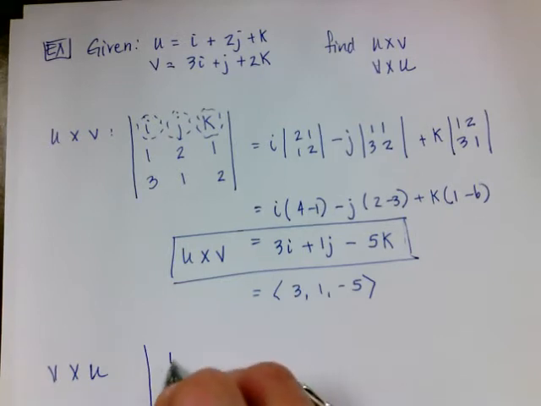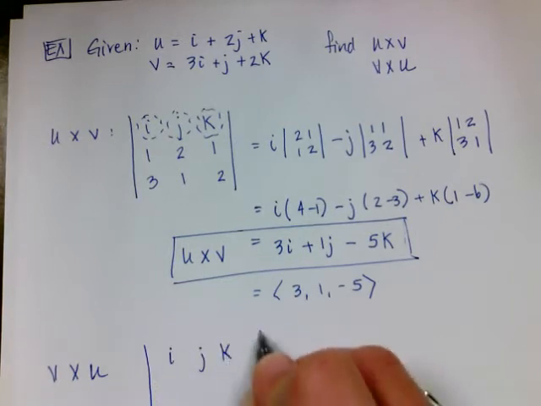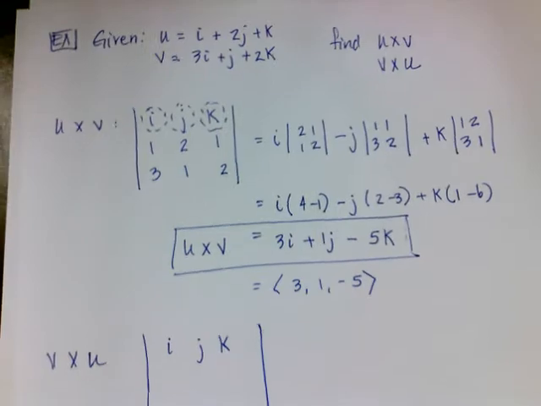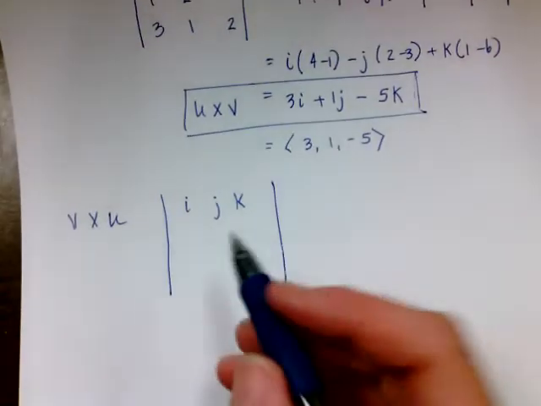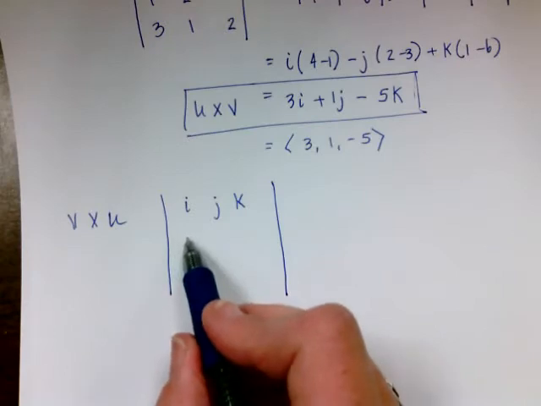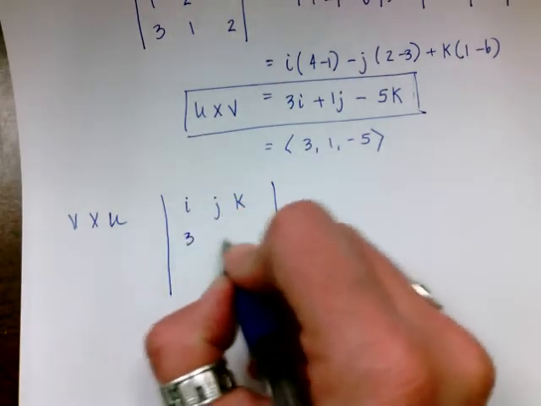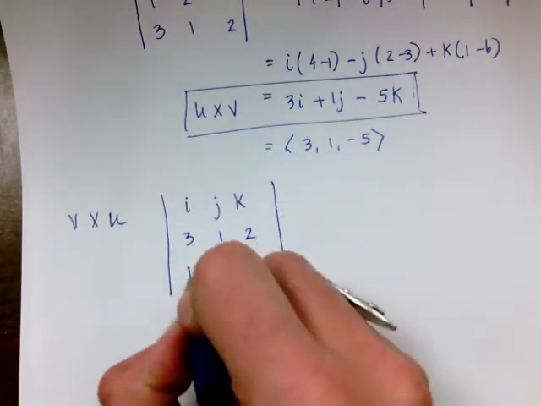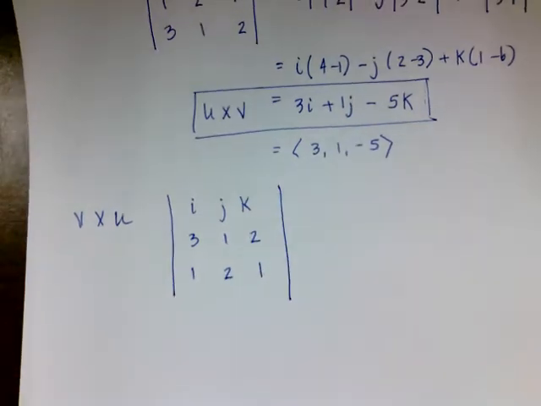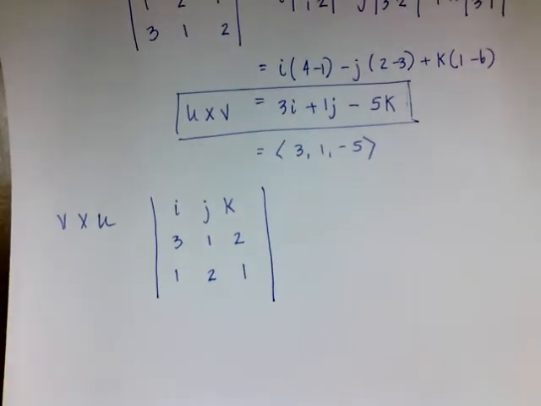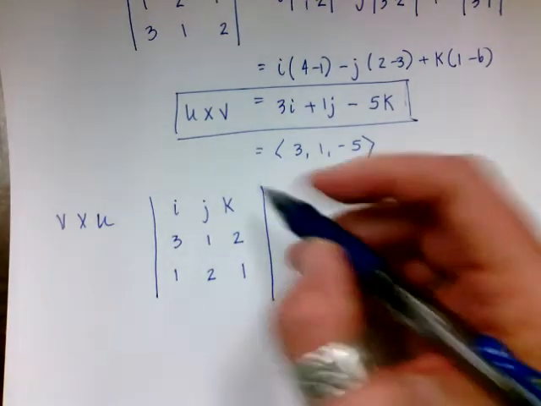So again, sorry, Spring and Flagstaff. I'm going to draw my IJK at the top, and then I'm going to put the V vector next. So I'm going to have 3, 1, and 2, and then 1, 2, and 1. Those are the coefficients for my unit vector pieces from the original vectors. All right?